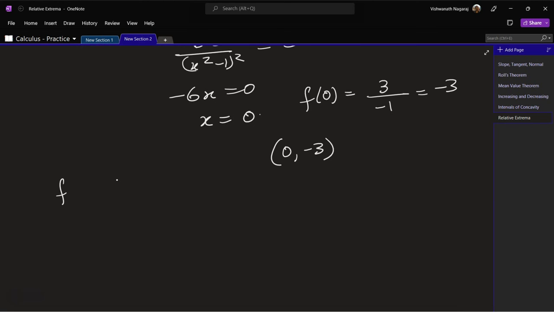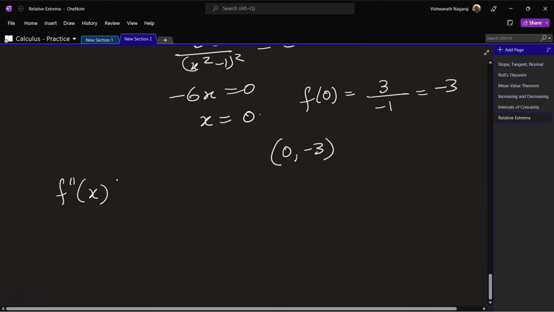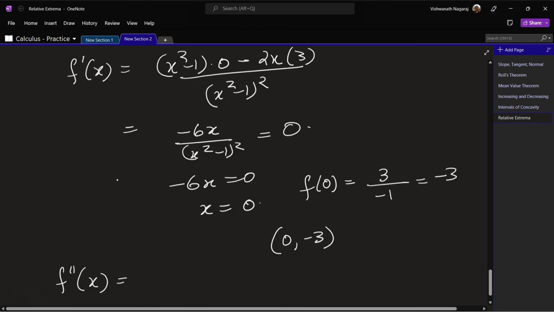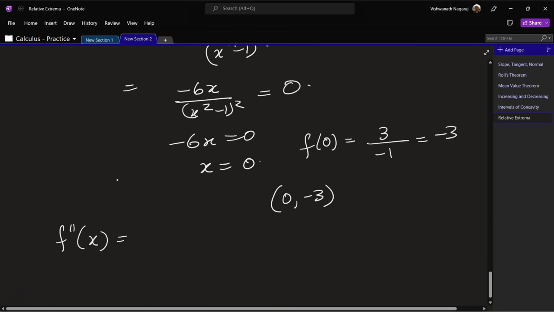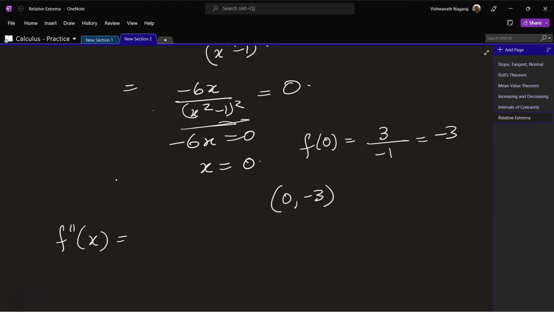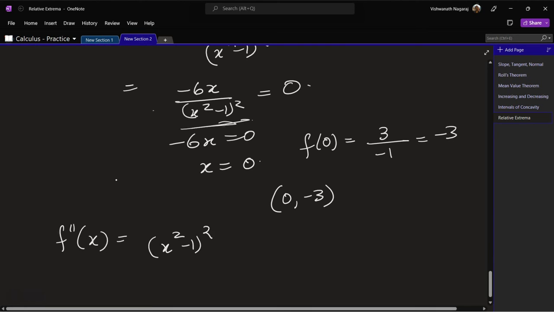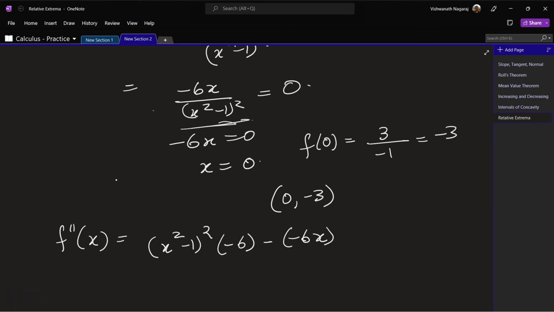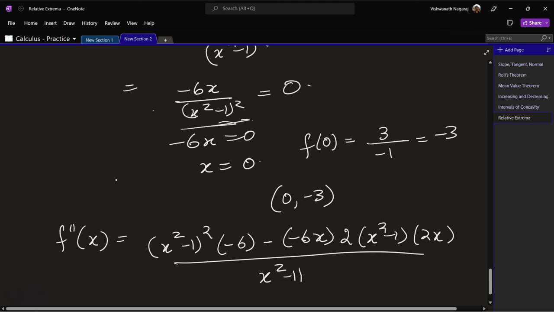Okay. Now, differentiating it once more. f double prime of x gives us, now of this part, x square minus 1 whole square as it is times minus 6, minus 6x as it is, and then differentiating the denominator part. So 2 times x square minus 1 times 2x divided by x square minus 1 whole square, that is power 4.